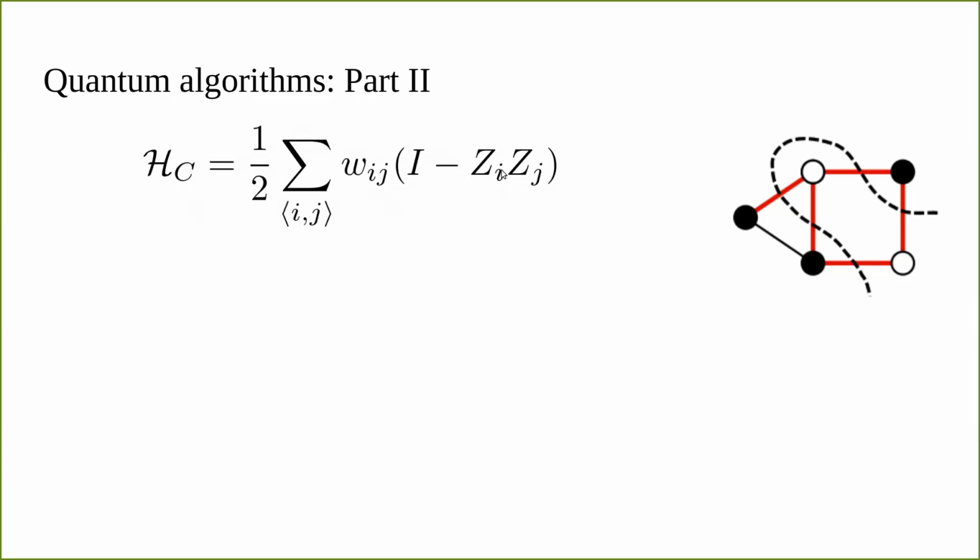If they're both +1 or they're both -1, if they're in the same set or they have the same sign, then this will square to identity, and identity minus that will give 0. That's exactly what you want with max cut: you attribute nothing to the cost if they're in the same set. If they're in different sets, then you'll get a minus sign here. And then with the 1/2, that'll give you 1 times the weight w_ij.